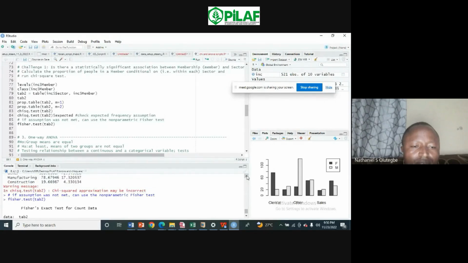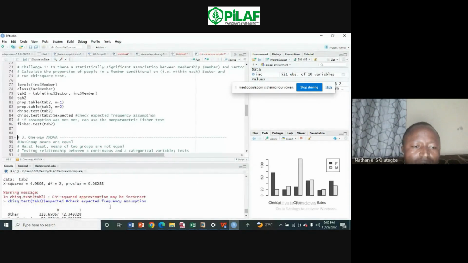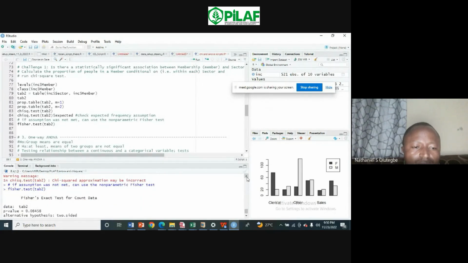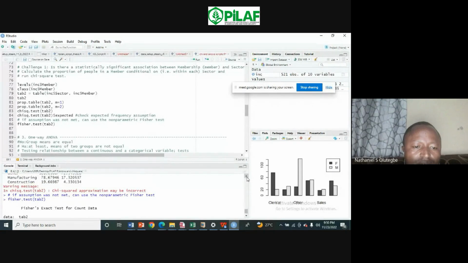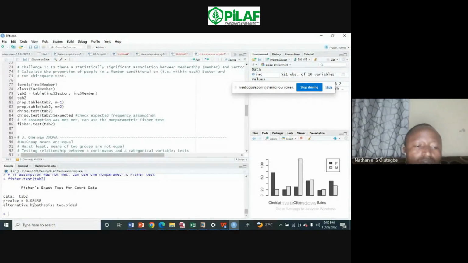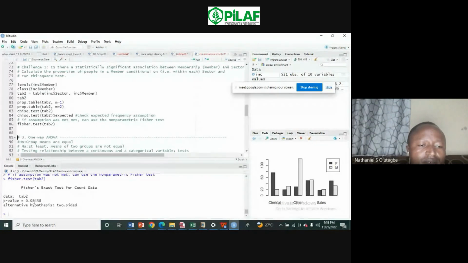And if you look at what was obtained when we ran chi-square, which is 0.082, and now when we run the Fisher test, we have 0.084 or 85.